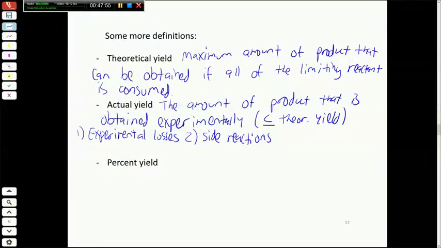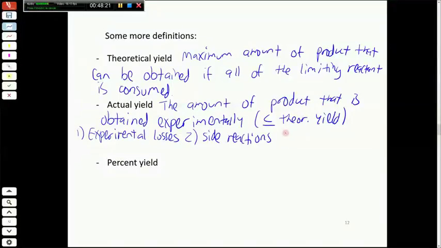If you're using some of your reactants to do something else, you can't form the maximum amount of product that you calculate. Or sometimes the product forms and then it reacts with something else. Either two products react with each other, or your product reacts with the reactant. So these side reactions are just unwanted reactions that sometimes happen at the same time as whatever reaction you're studying, and that can limit your yield as well.